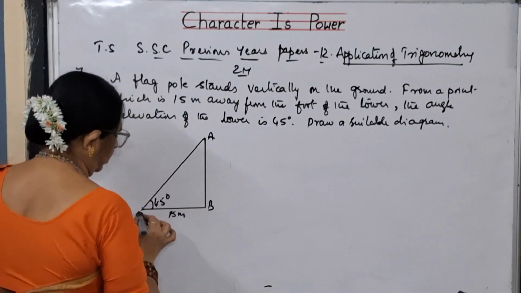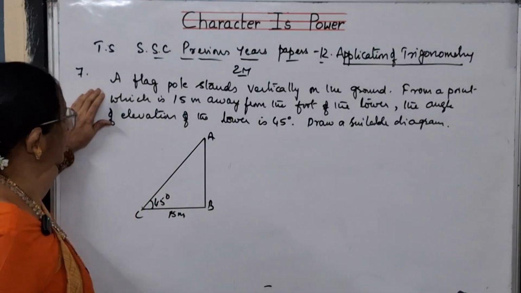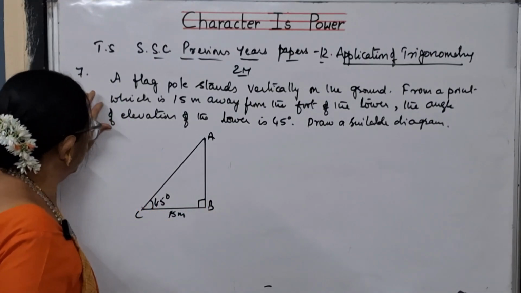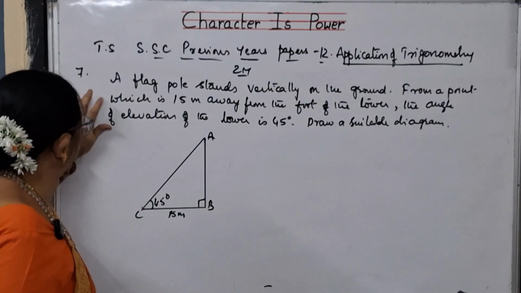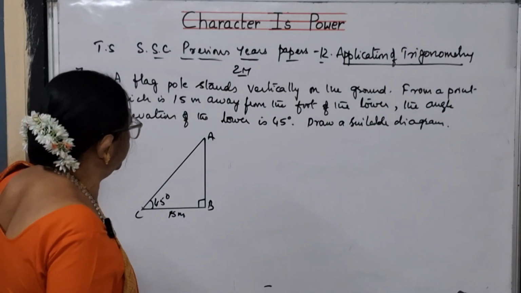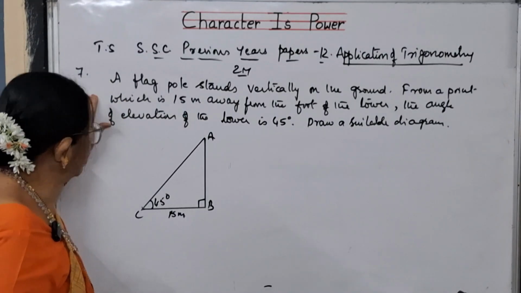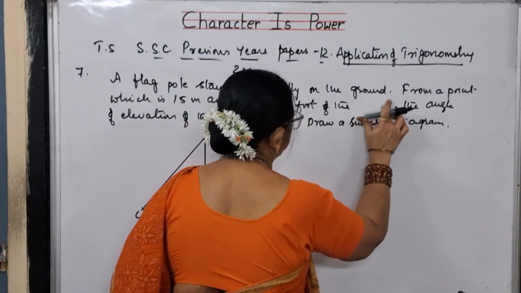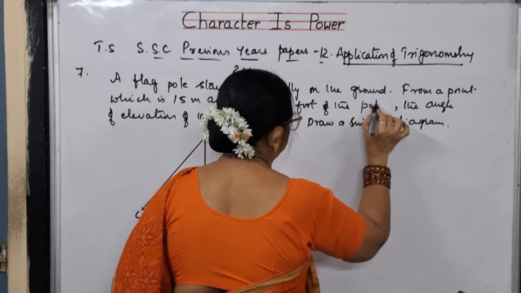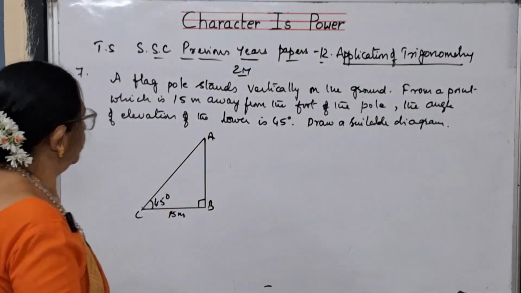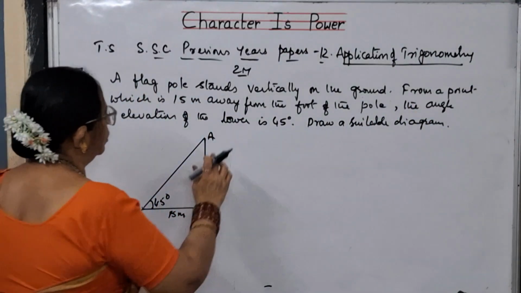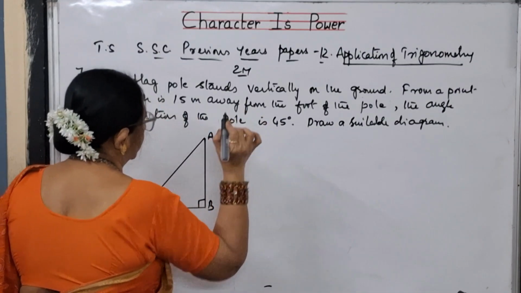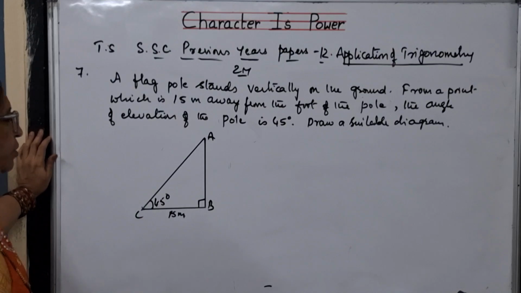This is the diagram you are getting. Actually, it should be pole. The problem is regarding the pole, no? Then it should be the foot of the pole. The angle of elevation of the pole is 45 degrees.